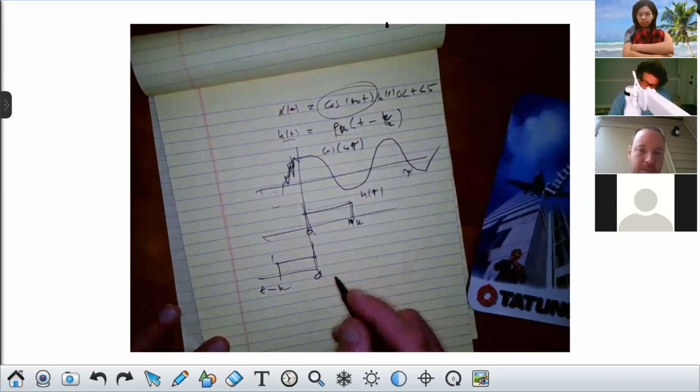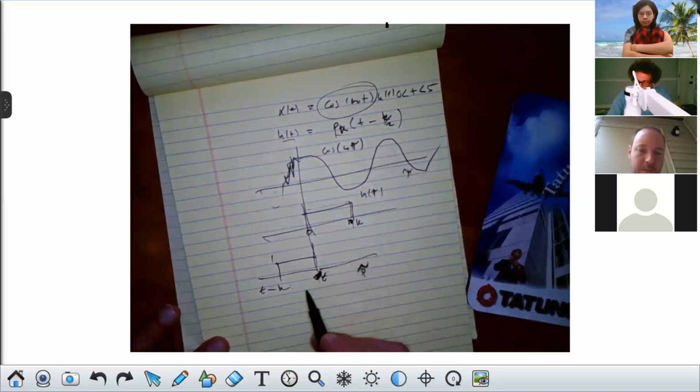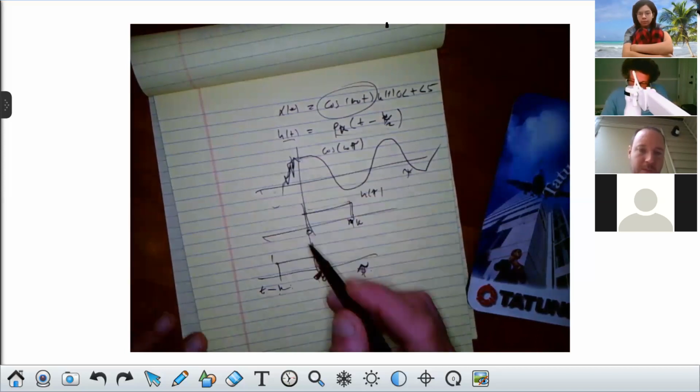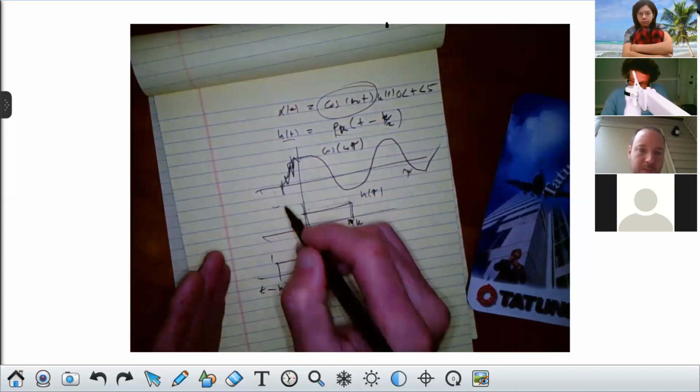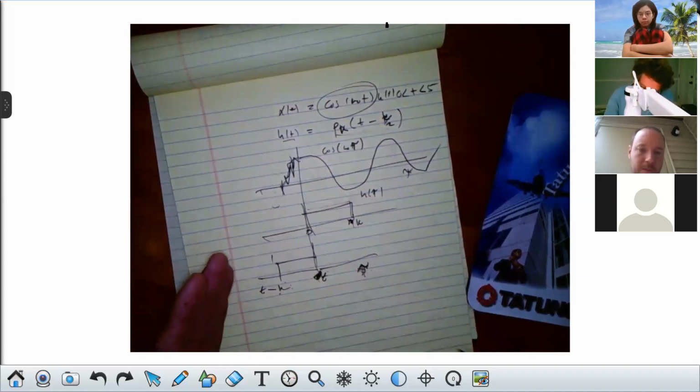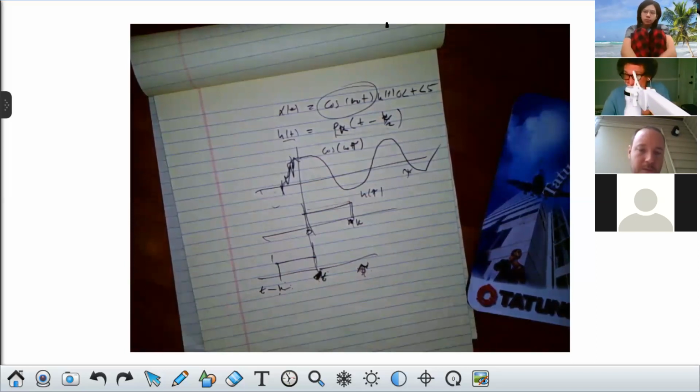At 0, t equals 0. This is versus tau, right? That's 0. That's minus k. If the thing went on forever, it would be t, correct, class? Yes.